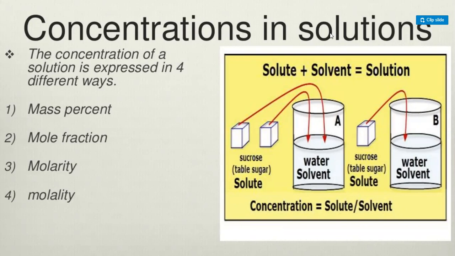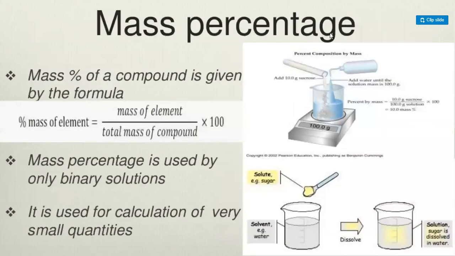The substance we have in large quantity, in which we are dissolving, is the solvent, and together they form the solution. So concentration is actually solute per solvent, meaning the amount of solute in a solvent.